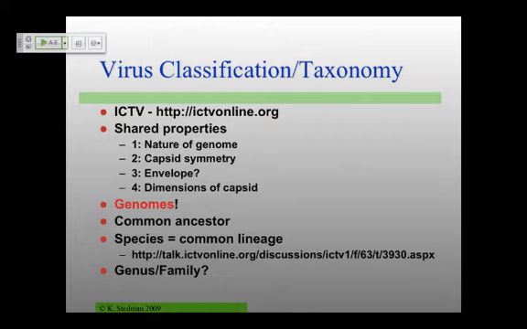So there are a couple of cases, and we'll talk a little bit about this when we talk about the retroviruses, because with retroviruses, you can package single-stranded RNA, you can package single-stranded DNA, you can package double-stranded DNA, and they're all retroviruses. So, wait a minute. Okay, that kind of gets away from this whole nature of the genome thing here. So, to some extent, it's always going to be a compromise. In biology there are always exceptions, and when you're talking about virology, there are usually even more exceptions.